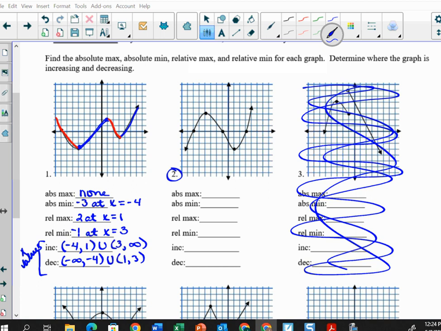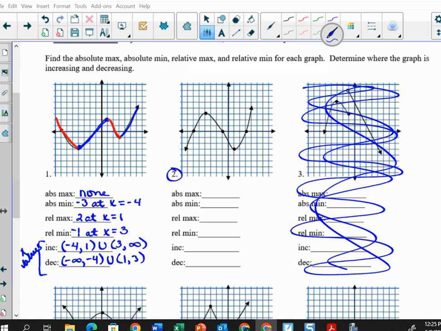Does it stop increasing at -6? That is a point. There's a lot of points actually on this graph, right? Isn't there technically a point everywhere? Only if it stops increasing would you stop what's happening with it, okay?